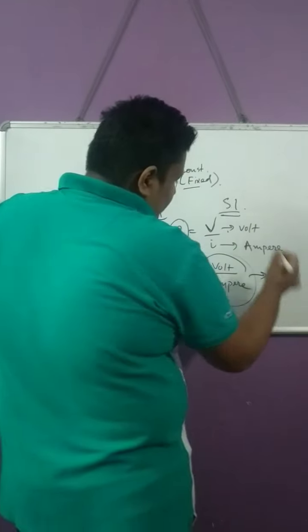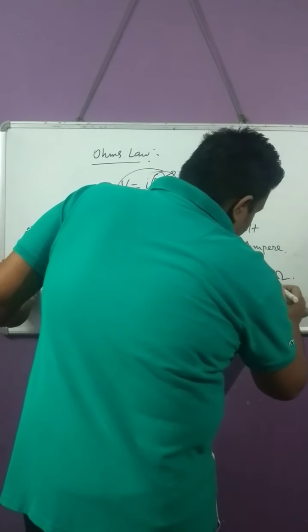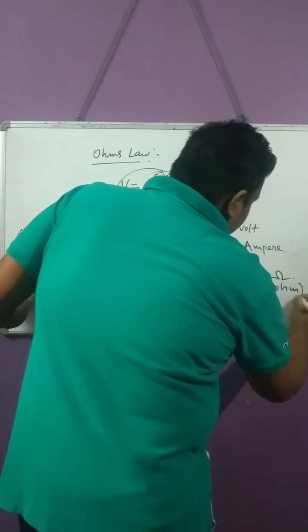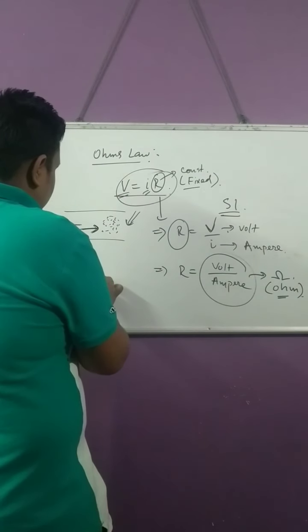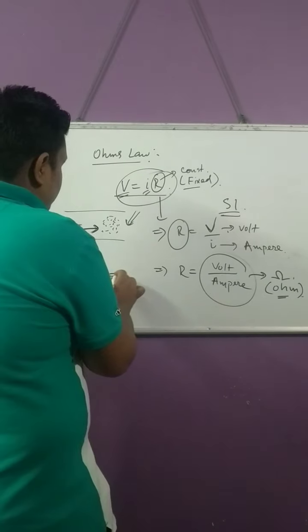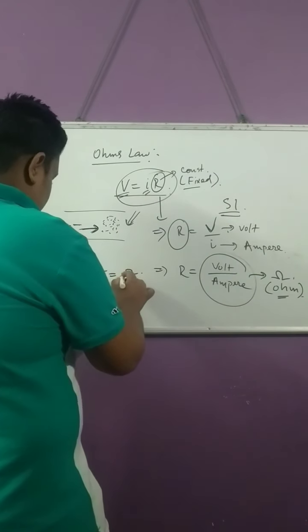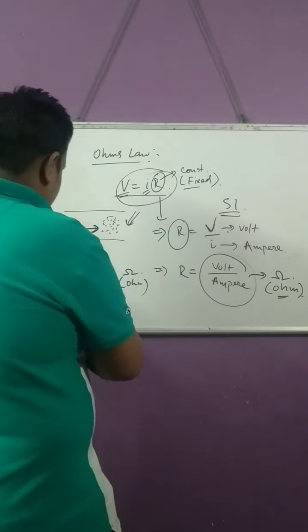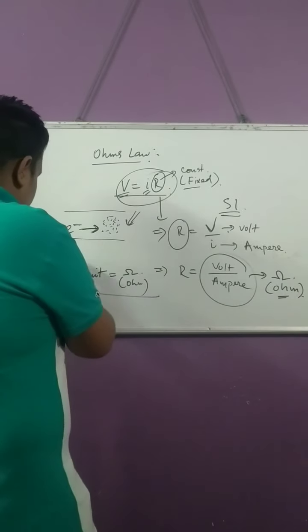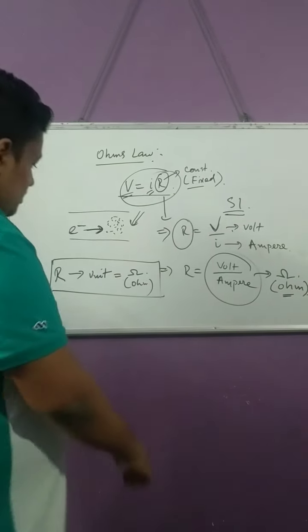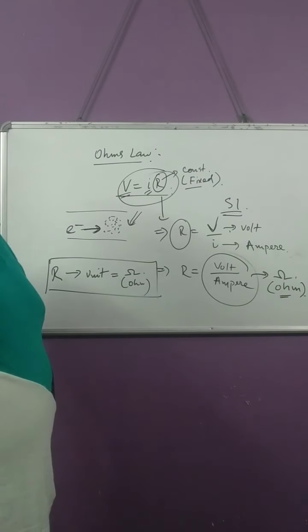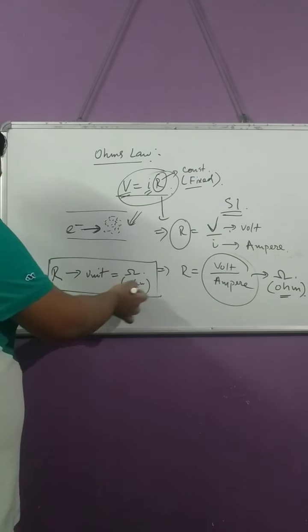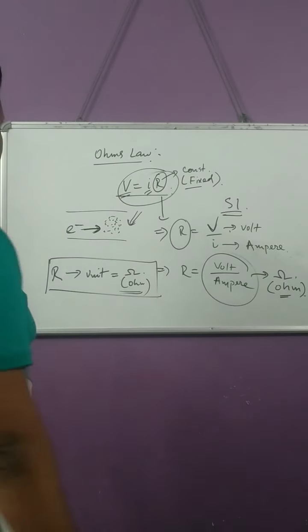We denote it as this and we write it OHM, ohm. So the unit of resistance is ohm. Please note it down. In your board you may be asked what is the unit of resistance. It will be ohm.